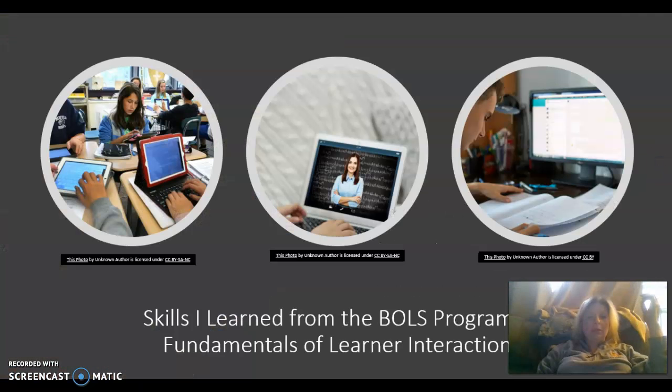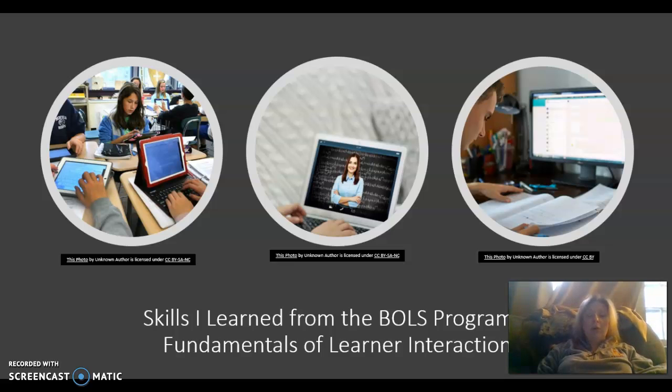So the skills that I learned from the BOLS program, one of the main things was the fundamentals of learner interaction, and that would be like here where we have the learner to learner interaction, where even though students are working virtually, their interaction with each other is essential.